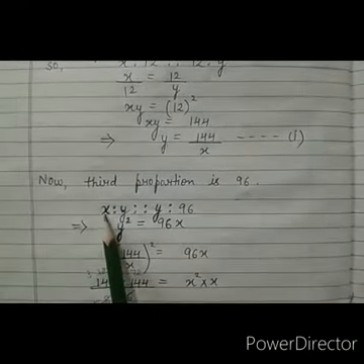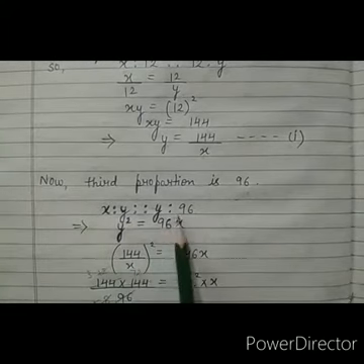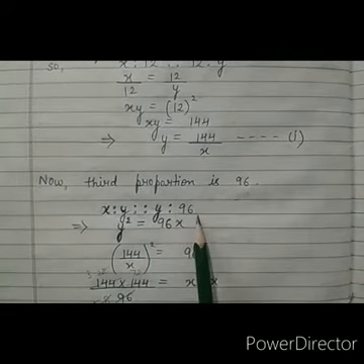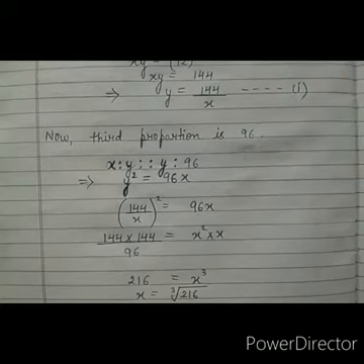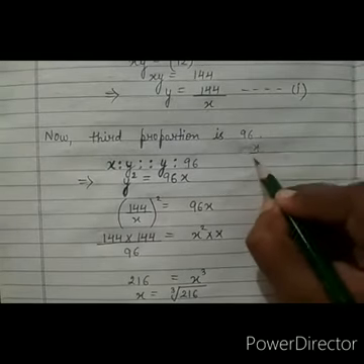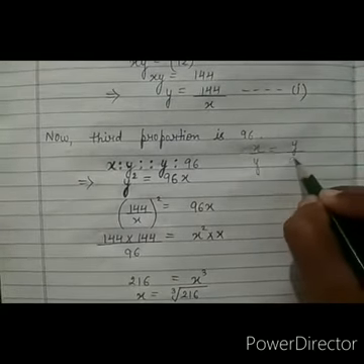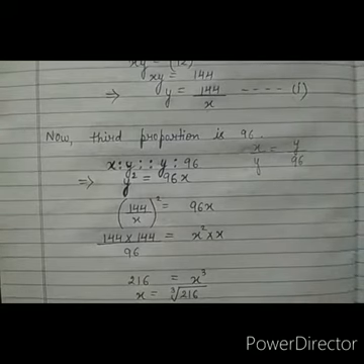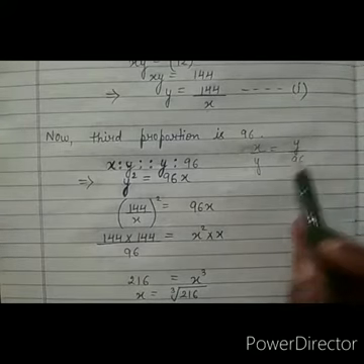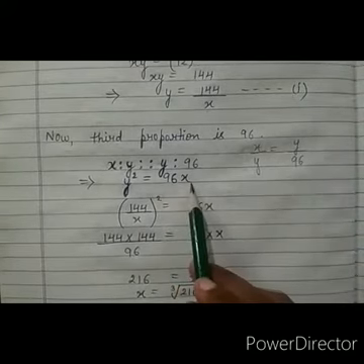So we can write x is to y as y is to 96. Now we can write x upon y is equal to y upon 96. After solving this, we get y² is equal to 96x.